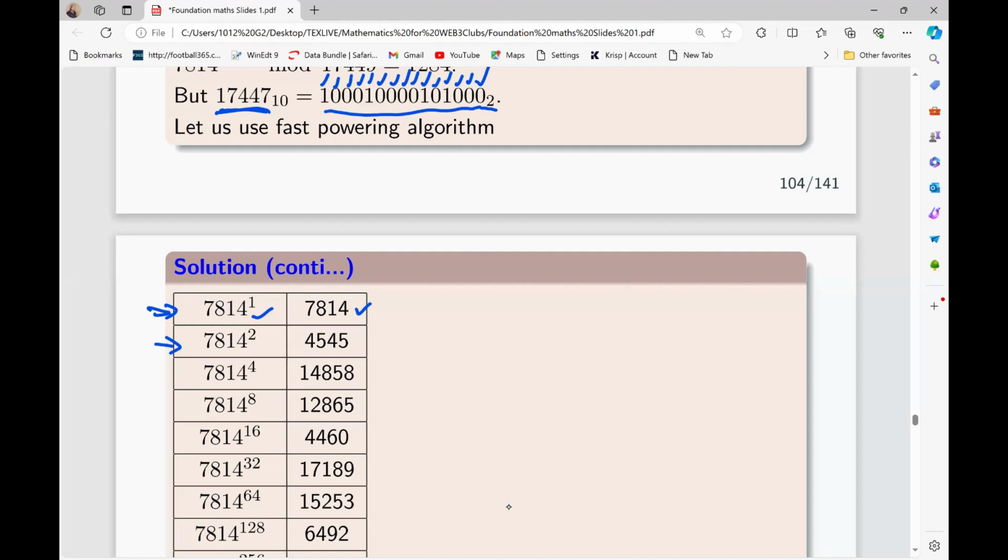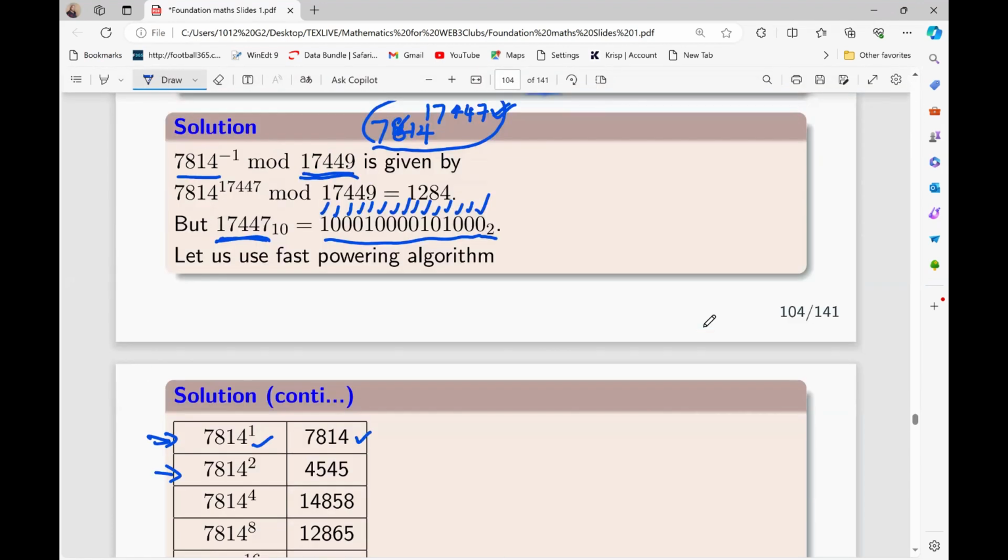7814 times 7814. Hey, I have a huge number here: 61,058,596. What is our mod, our divisor? Let me go back and find what our divisor is.